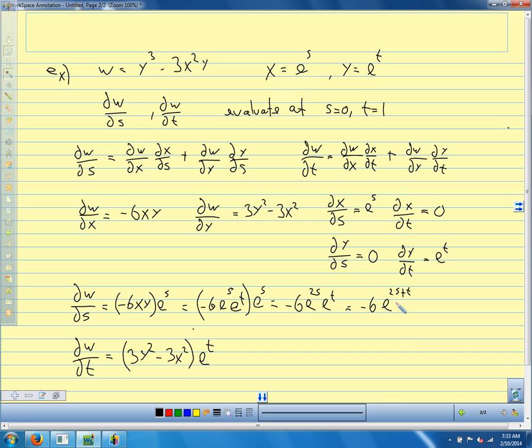So that would be our partial expressed in terms of the independent variable. And then if we want to evaluate it at s equals 0, t equals 1, we substitute in 0 for s and 1 for t, and I get minus 6e.